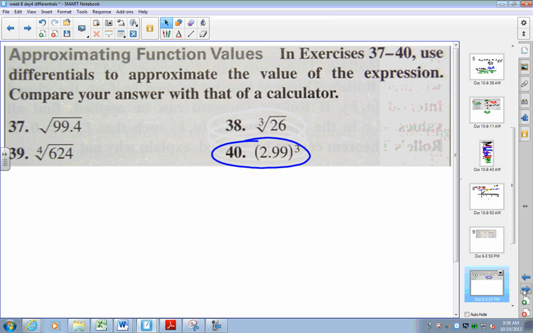Can you do 2.99 cubed without a calculator? Sort of, if you really multiply it out, but that's carrying a lot of decimals. So try this one out. I'll come around to help.